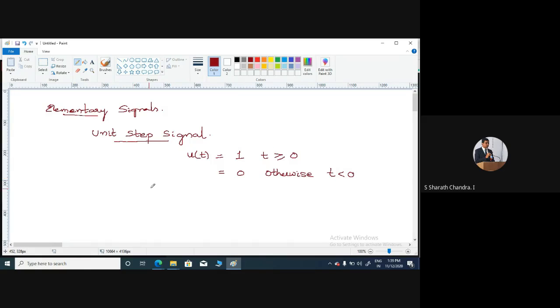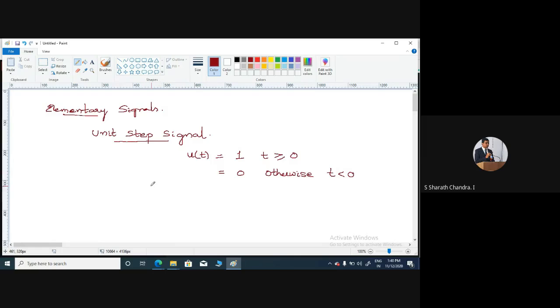If a step function has a unit magnitude, then it is called a unit step function. The usefulness of this function lies in the fact that if we want a signal to start at t equal to 0, so that it has a value of 0 for t less than 0, we only need to multiply the given signal with the unit step function.